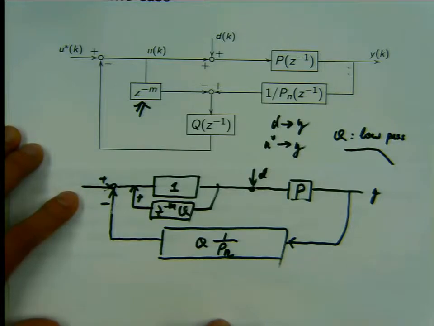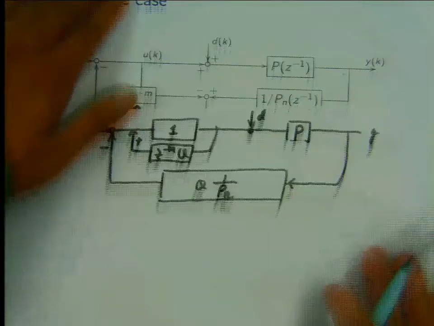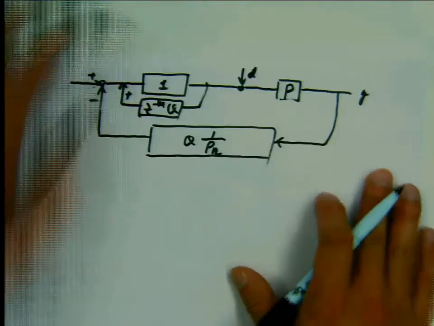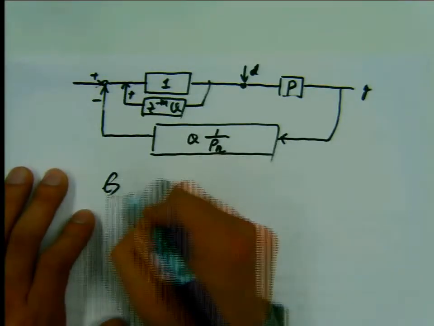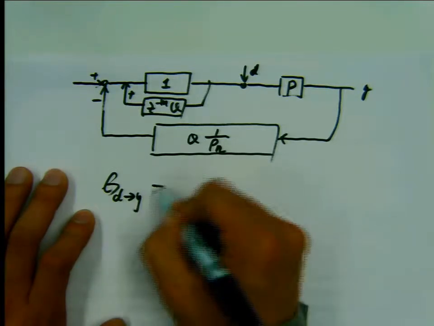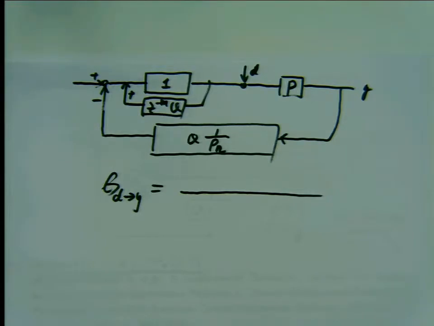Okay? So now you can derive the transfer function. What is the transfer function between D and Y just by looking at this block diagram? G D to Y, do a little bit of computation.